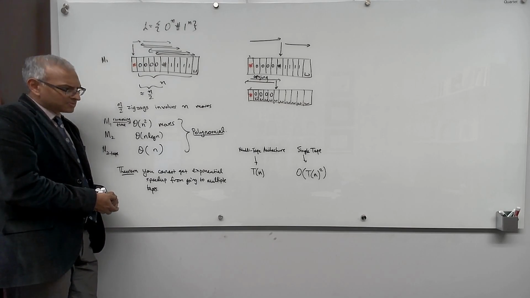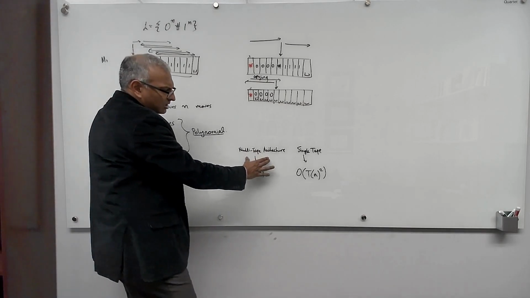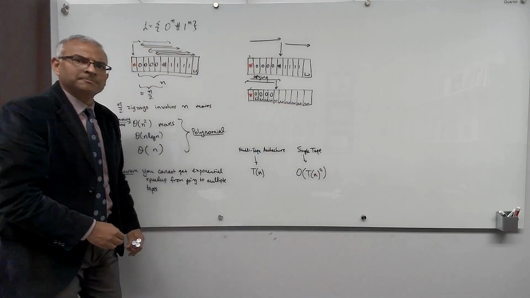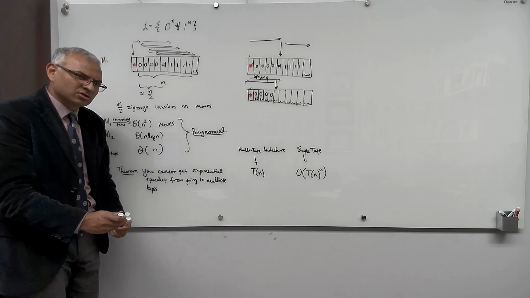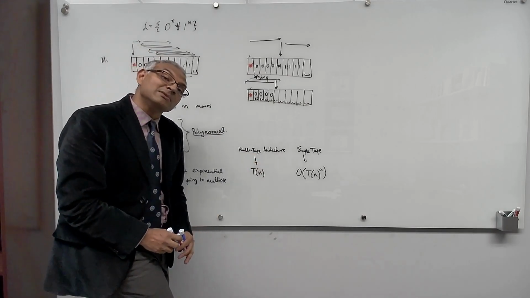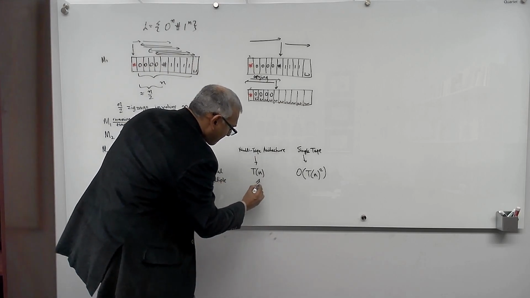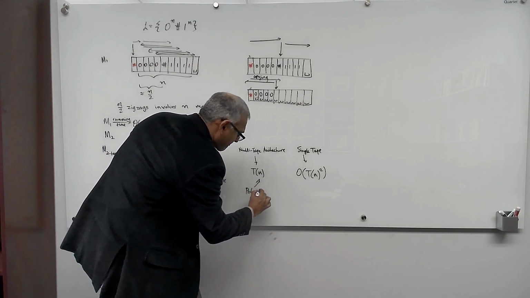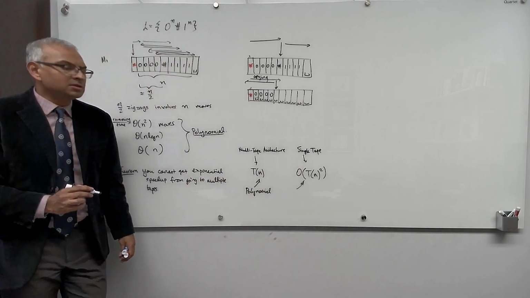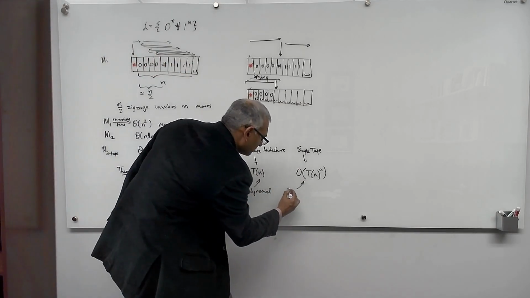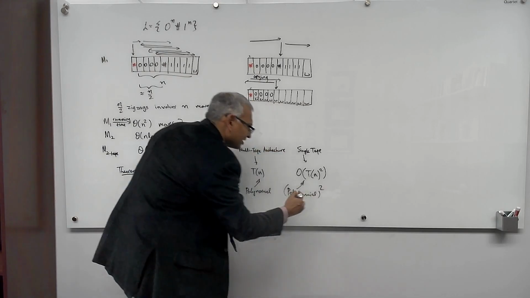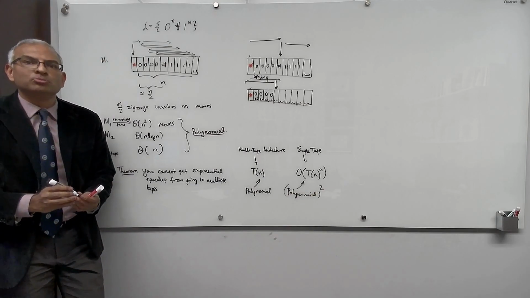So what it says is that if your running time on some architecture is T of n, then your running time on the single tape is T of n squared. Let me rephrase that in a way that's going to be more useful. If your running time is polynomial in some architecture, then it's polynomial on the single tape. Why? Because it's going to be polynomial squared, and the square of a polynomial is polynomial.